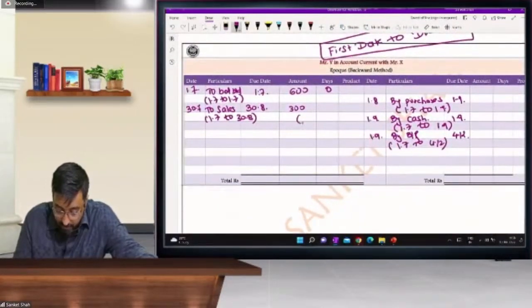This one I'll do. 1st July to 30th August. July's first day is also considered.